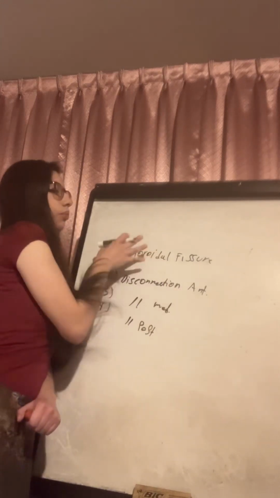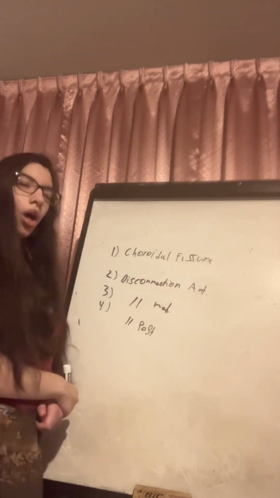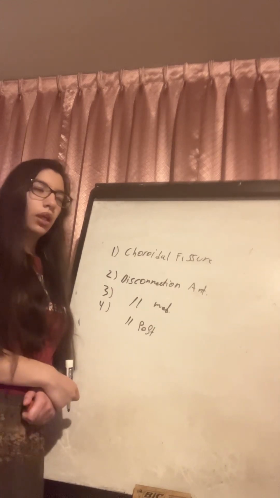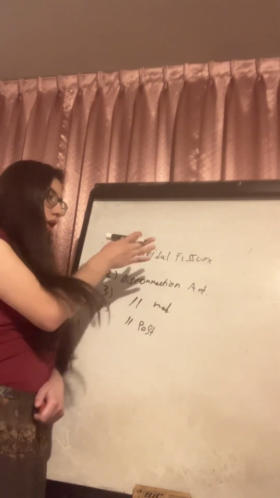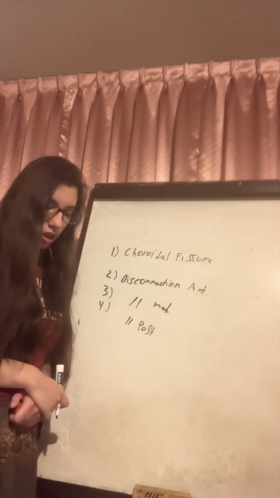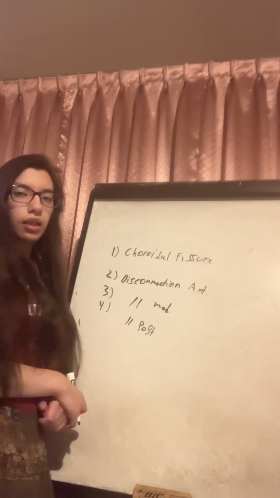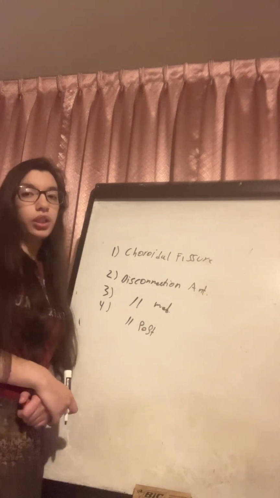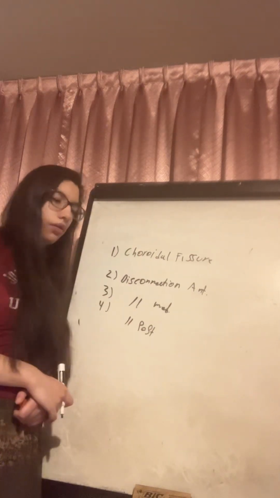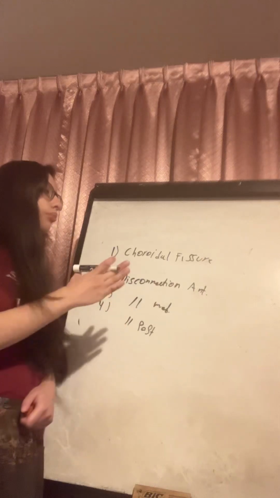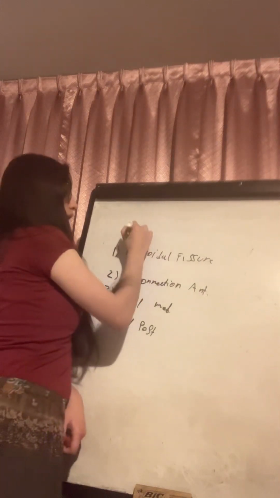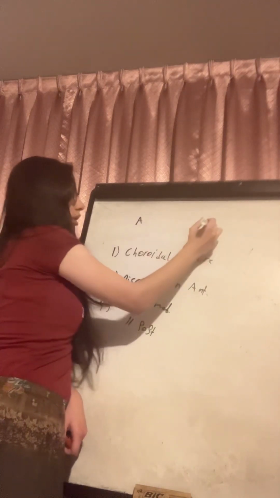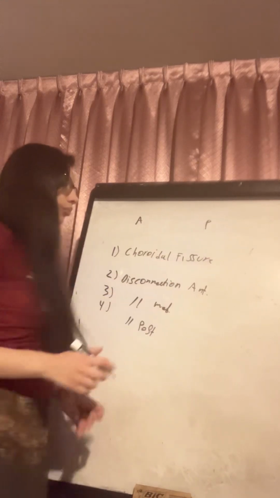So in the opening of the choroidal fissure, we incise through the tinea fimbria. This tinea fimbria is the thing that is attaching the choroidal plexus to the fornix. So we incise the tinea fimbria and we divide the choroidal fissure into an anterior portion and a posterior portion.